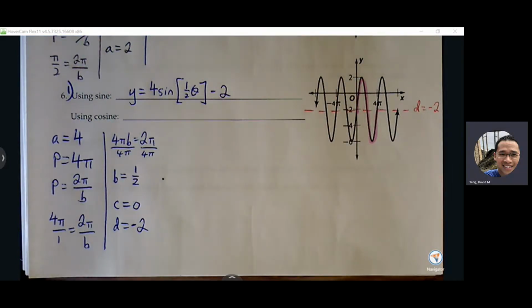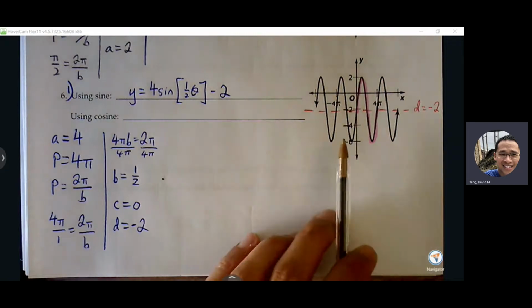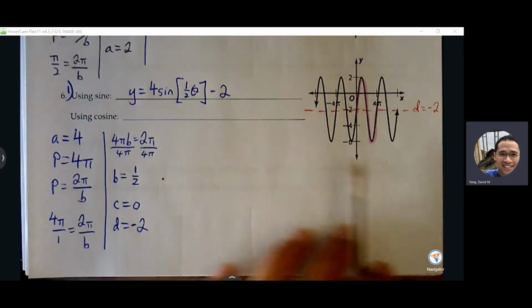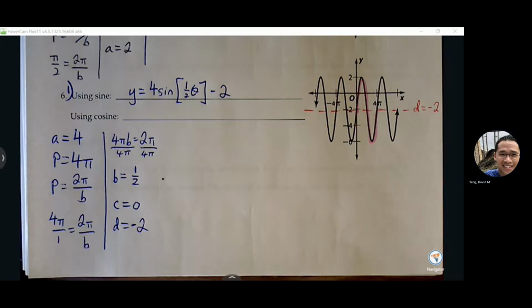Okay, everybody okay with the sine graph here? Okay, so let's see if we can graph an imaginary cosine graph to help us visualize that. So if I want to create a cosine graph that has all the similar features, where do we want our cosine graph to start?